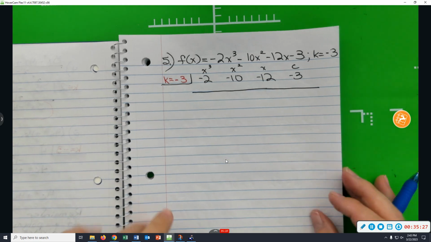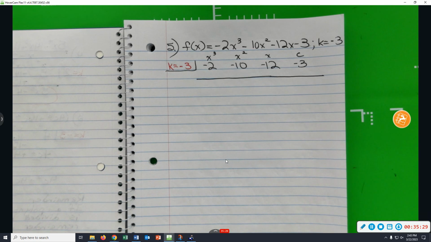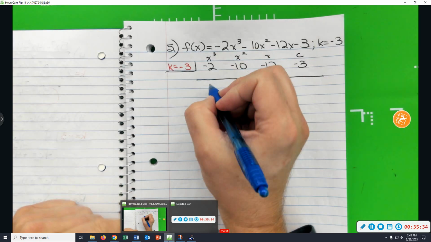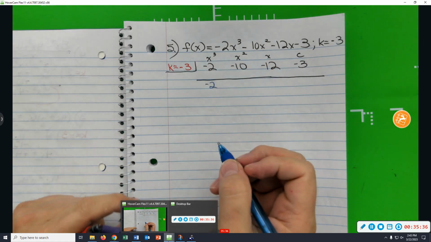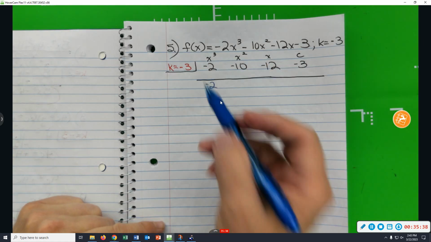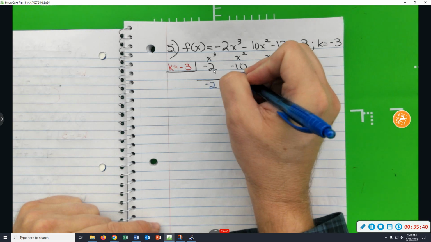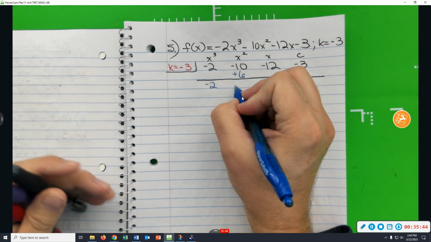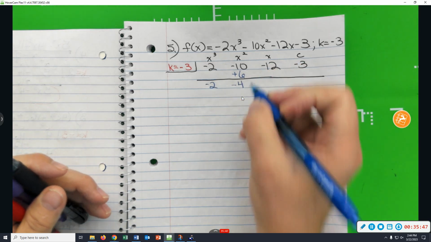Okay, so how do I get the process started? I got my column headings all put in there. Bring down the -2. Times -3 gives me a +6. -10 plus 6 gives me a -4.